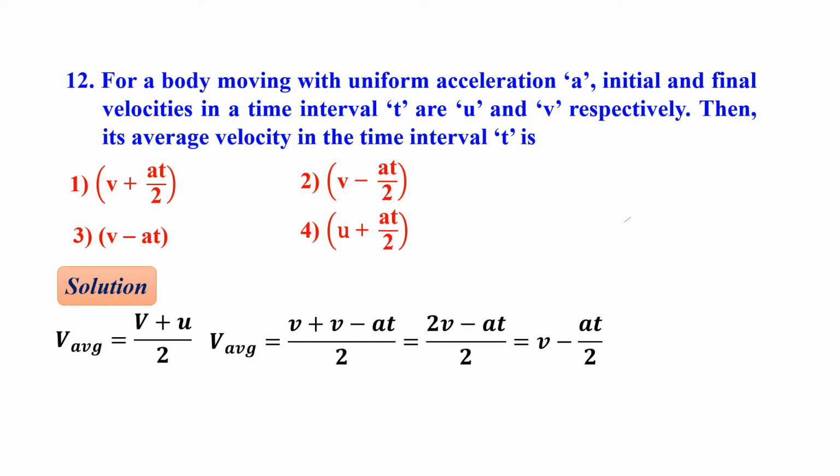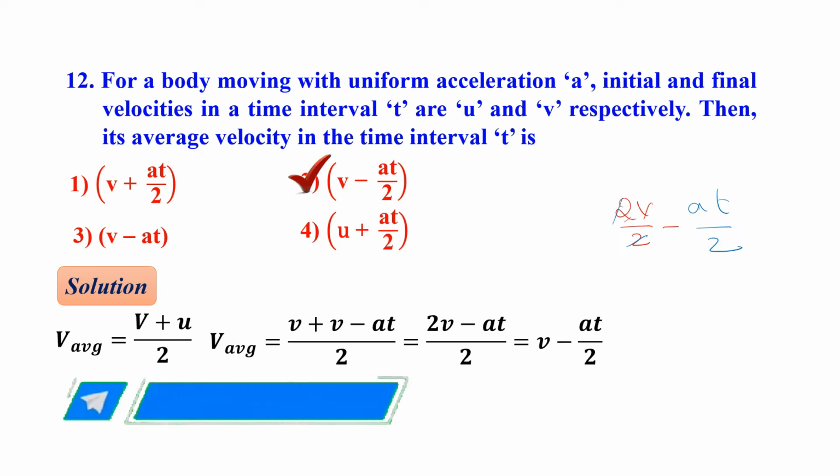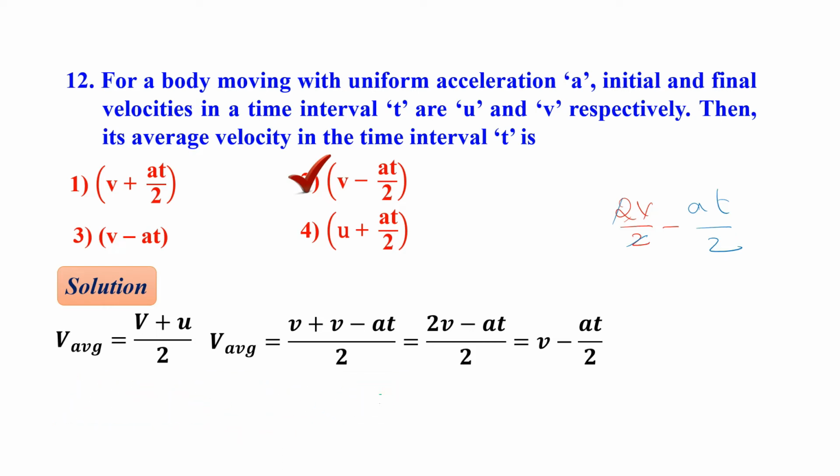Separating this, it can be written as 2v by 2 minus at by 2. The 2s cancel, giving v minus at by 2. Which option is correct? The second option is correct. So average velocity in the time interval t is v minus at by 2. Okay, next.